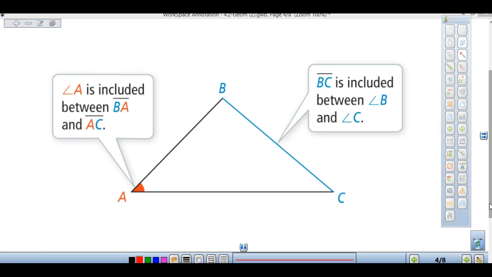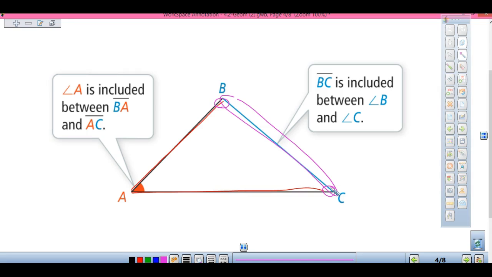So in this case, we're saying angle A is the included angle of AB and AC, because it's the angle that's in between this side and this side. Does that make sense? We say that the side BC is included between angle B and angle C, because it's between those two angles. Does that make sense?